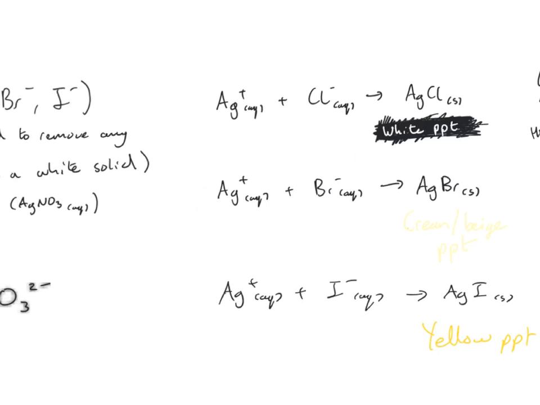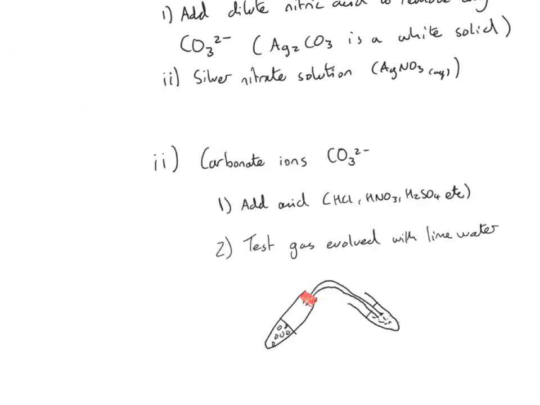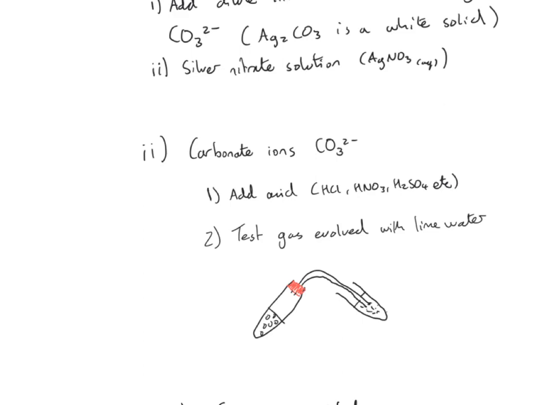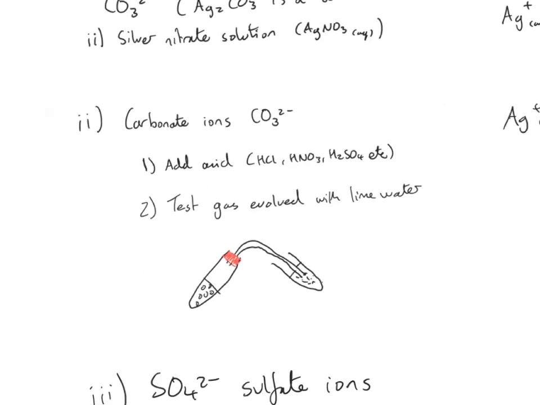But now I'm going to stop there for that video. The next thing I'm going to do is have a look at carbonate ions. The test for carbonate ions is as follows. What you do is you add any acid. So that could be hydrochloric acid, nitric acid, sulfuric acid, could even be phosphoric acid as well.